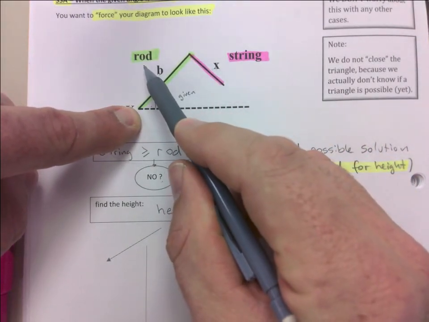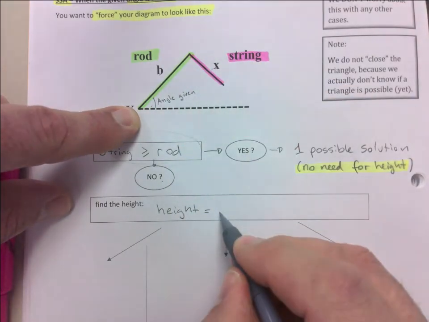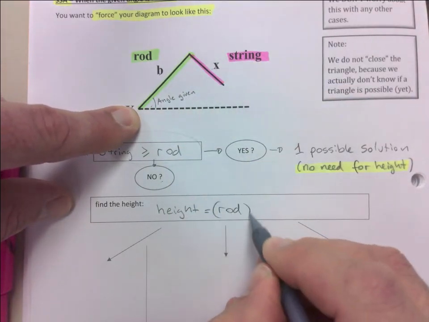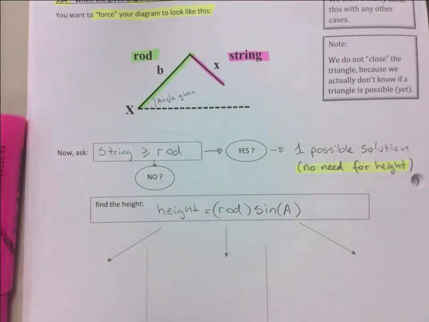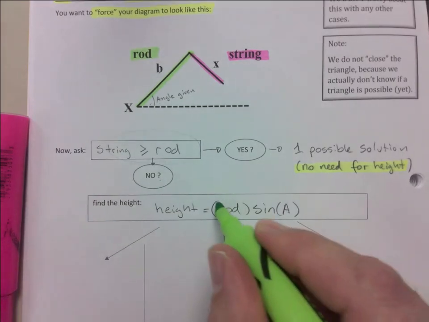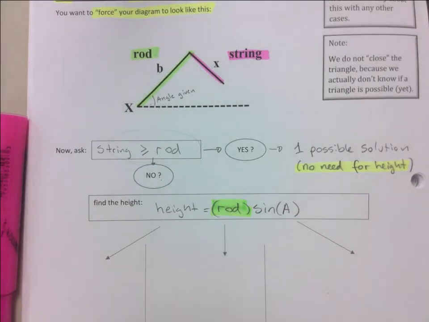It's the rod, right? So it's the rod times sine of the angle, the only angle that you will have. So if you want to highlight rod in green, that's fine. That will find the height in this thing.